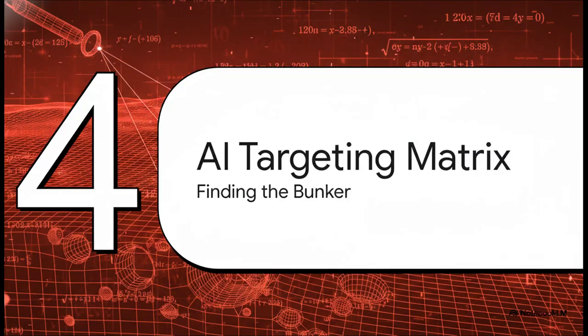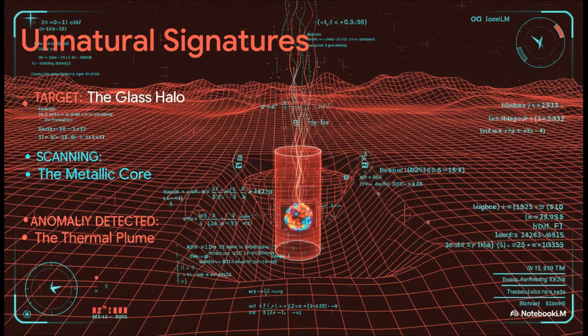All right, Section 4, the AI targeting matrix and finding the bunker. Okay, so our tungsten rod is falling, and it's perfectly aware of its rotation. But how does its AI mathematically distinguish a highly classified enemy military base from, say, just a natural empty cave system using only gravity sensors? Well, according to the text, it acts a lot like Terminator vision, actively hunting for highly specific, unnatural signatures.